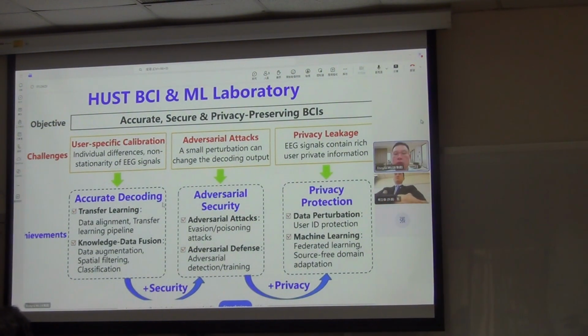In EEG signals, in addition to the motor imagery or SSVEP information, there is also other private information that the user may not want to disclose, such as the user identity, emotion, gender, age, etc. They can also be mined from a user's original EEG signals. So we developed different approaches such as data perturbation and federated learning, etc., to achieve privacy protection.